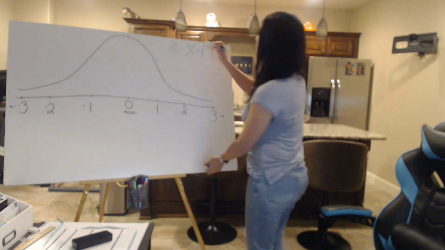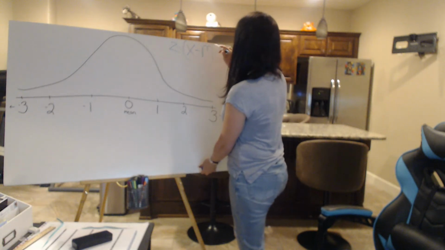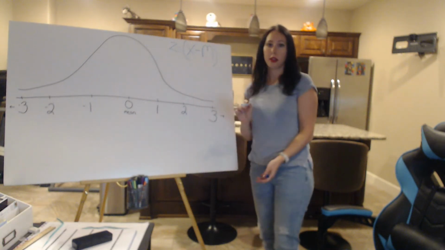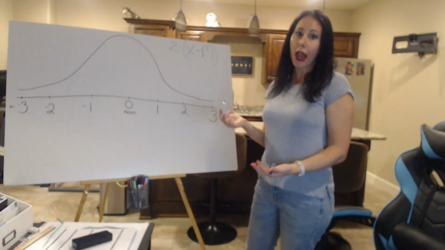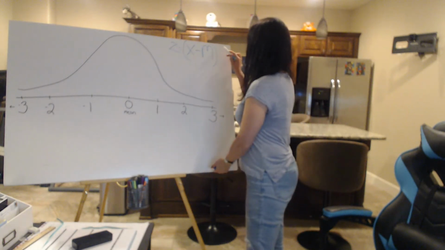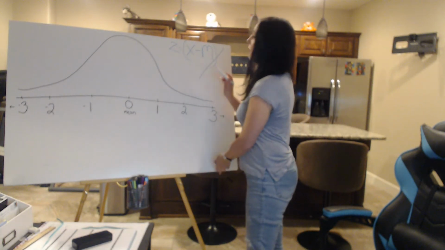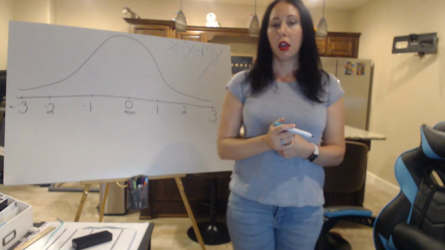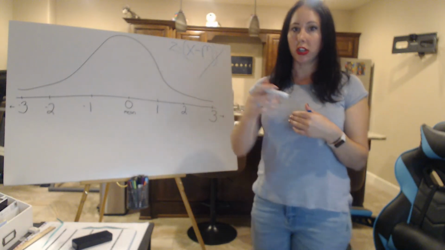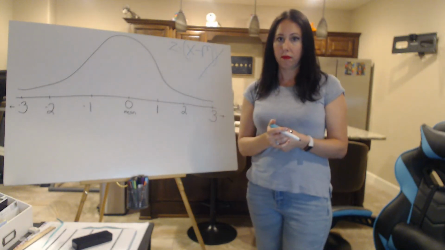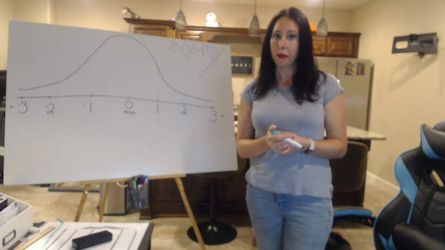But then I have to do something else, right? Because if the class average was a 50 and I got a 60, I know that I'm 10 points away, but I don't just want to know the amount of points away I was. I want to know how many standard deviations away I was, right?